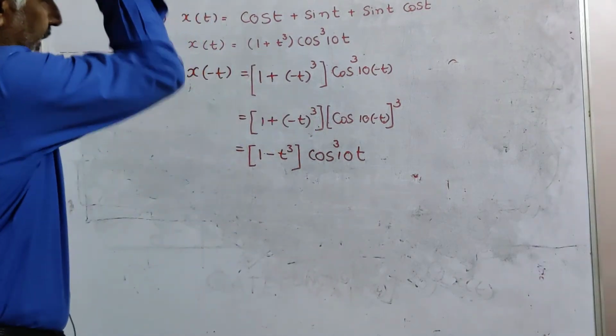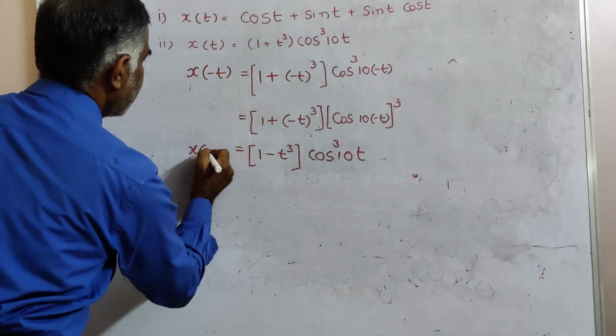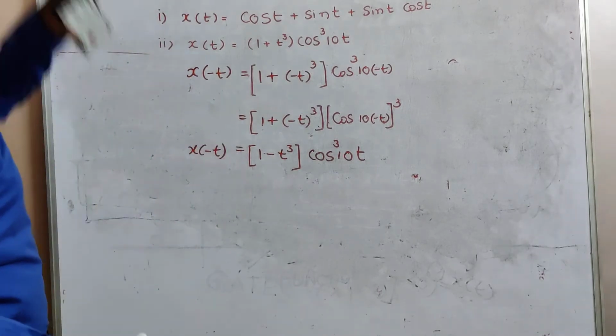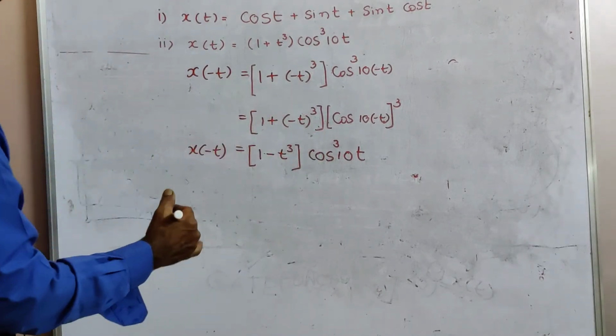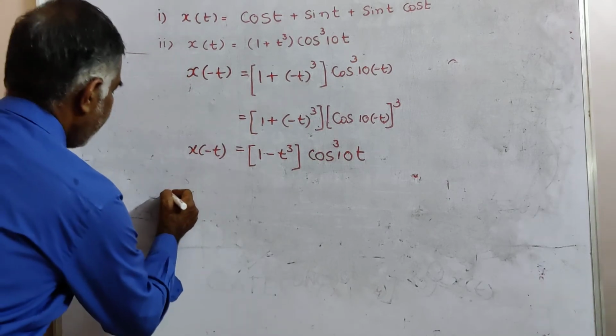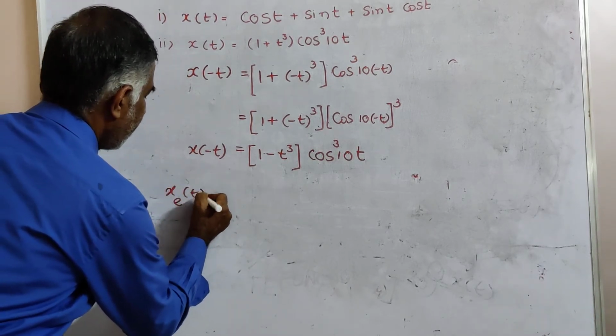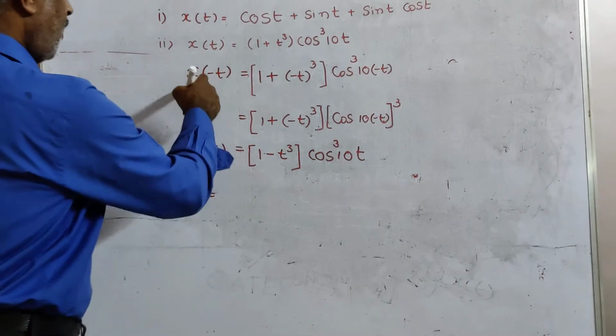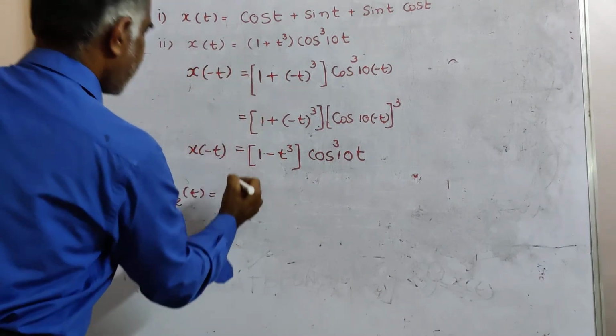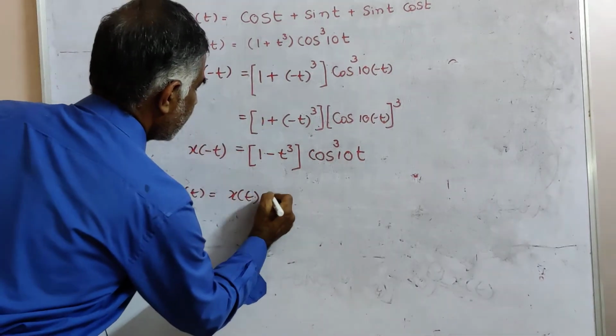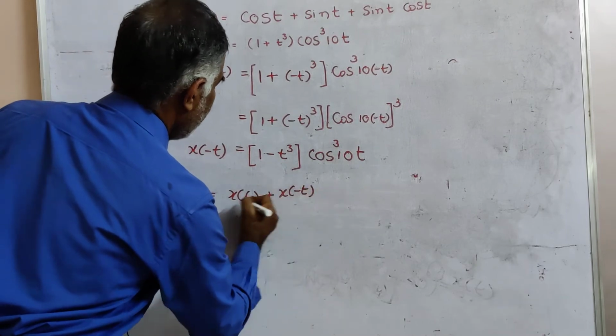This is x(-t). Now, just now we have done a derivation, and the even part is given by xe(t) equal to x(t) plus x(-t) by 2.